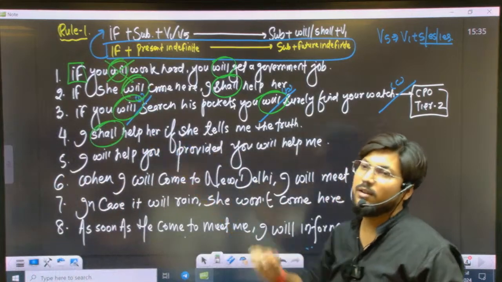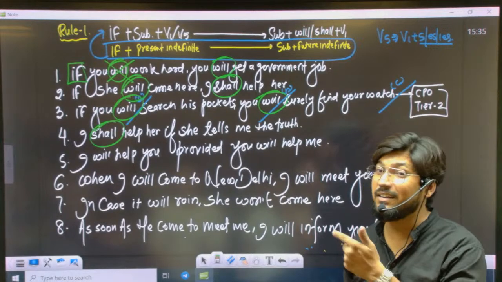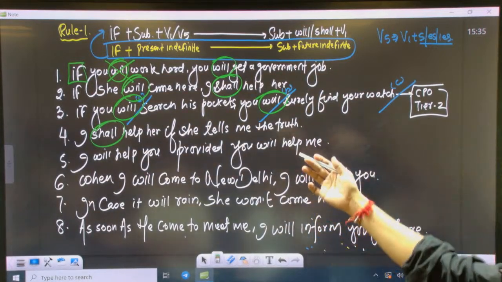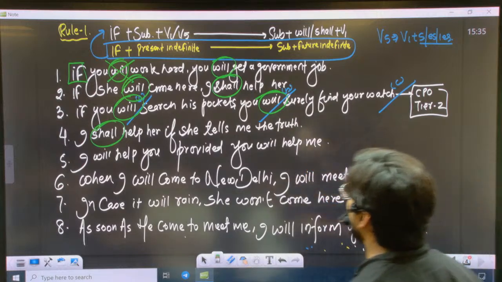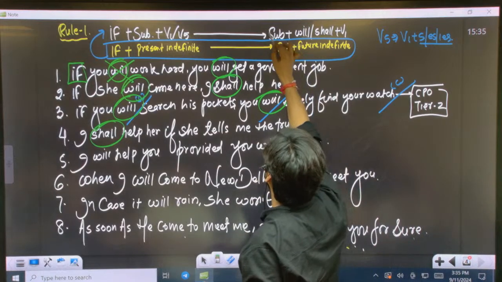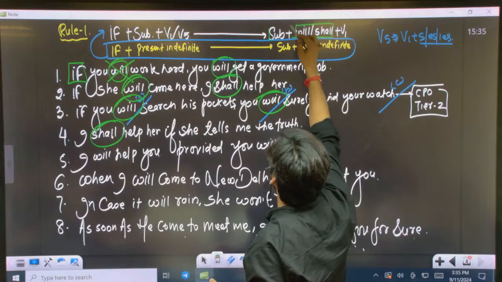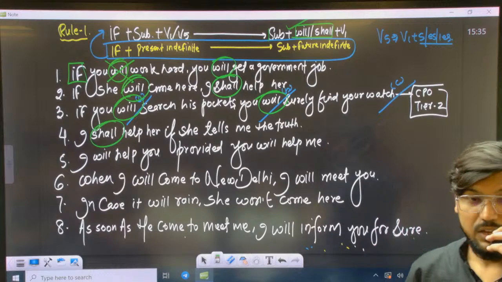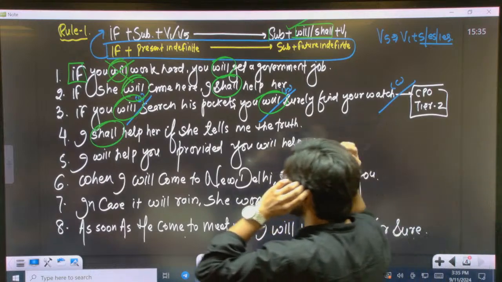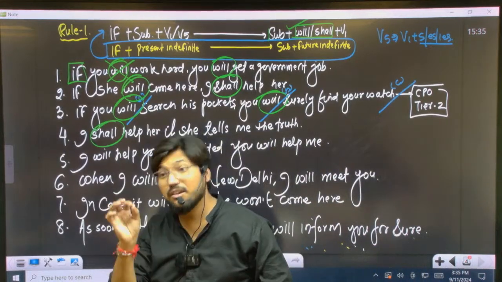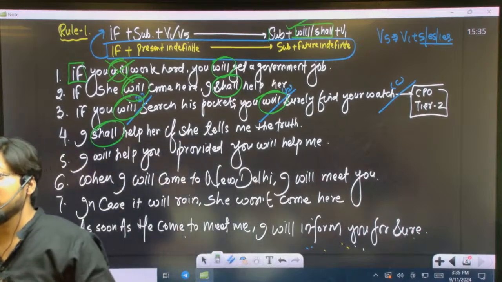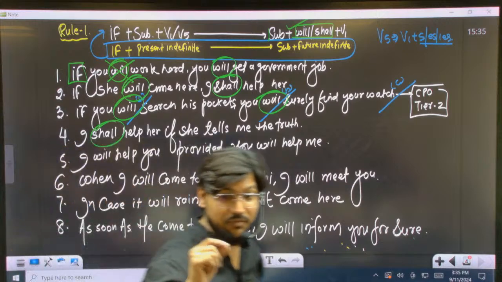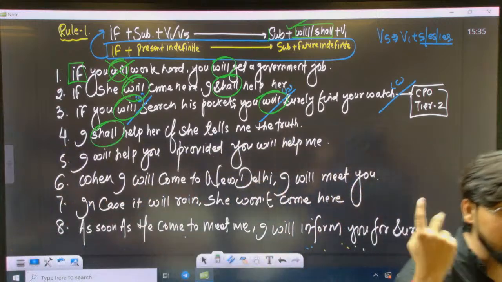If you remove will, your sentence becomes present indefinite automatically. If you work hard, you will get. But in the main clause, will or shall can be used. Will or shall can never be used with if, because if has a problem with will or shall.